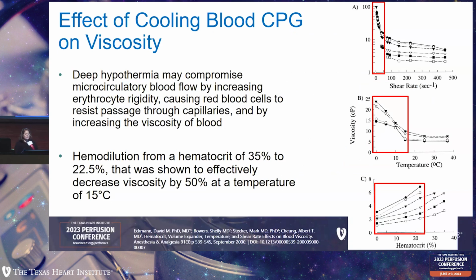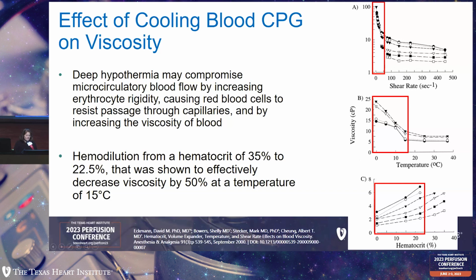So, the effect of cooling blood cardioplegia on viscosity. This is a study by Ekman. In the top box, the shape of these curves relates blood viscosity to shear rate, and it demonstrates that blood exhibits non-Newtonian behavior at shear rates that are very slow, less than 45 seconds, and that as blood viscosity increases, the shear rate decreases.